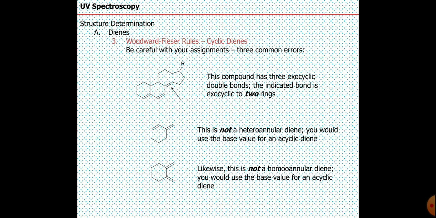And in the first structure, while considering the exocyclic bonds, please indicate the rings by using A, B, C, D. Then you can easily predict the number of exocyclic double bonds.